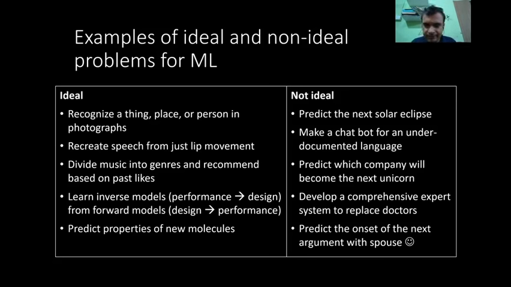Then, develop a comprehensive expert to replace doctors. We can build machine learning systems to make very specific decisions in medicine, right? But a doctor takes a lot of context into account, and a lot of that thinking of the doctor cannot really be captured, or cannot ideally be captured.